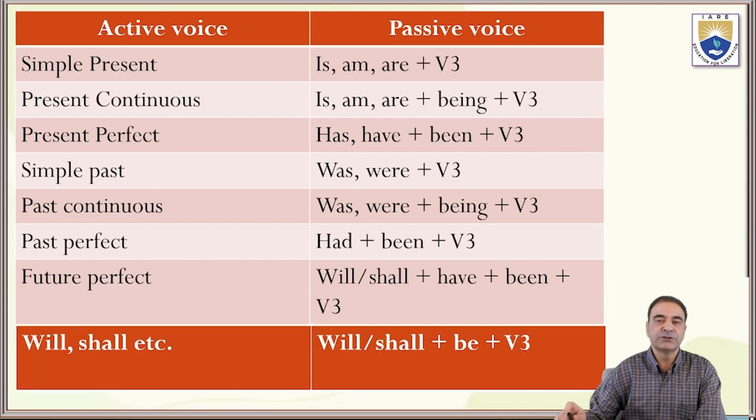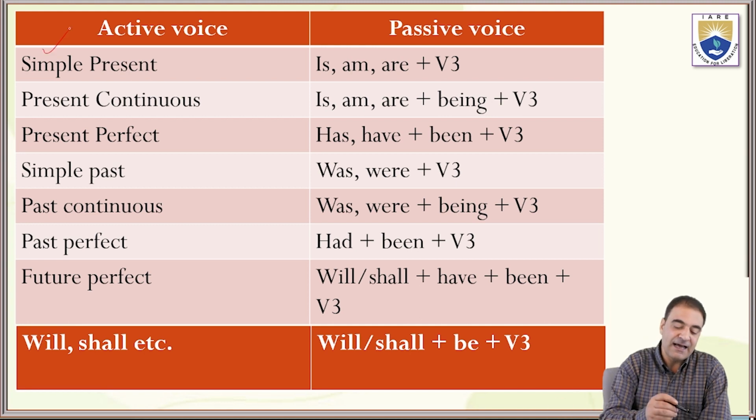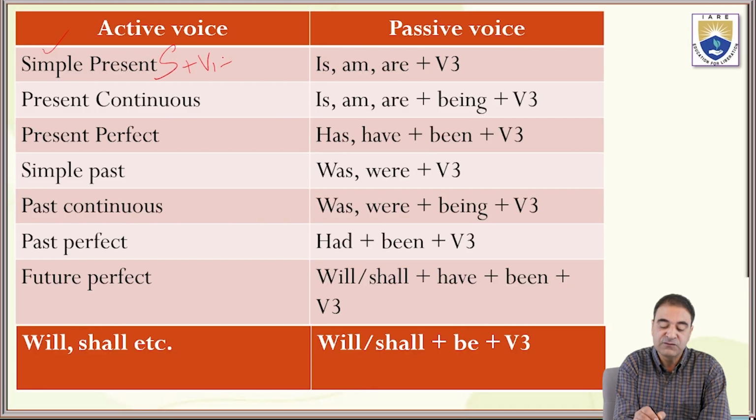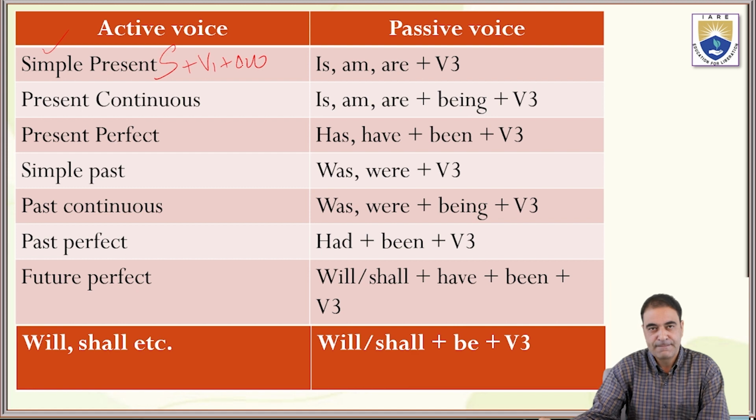Now, the first rule: how to change tenses in active voice and passive voice. We have the first tense, that is simple present. The structure for simple present is subject plus verb in first form plus other words.